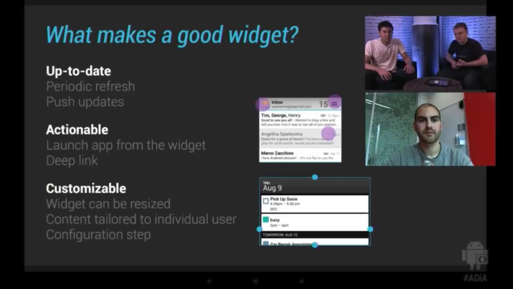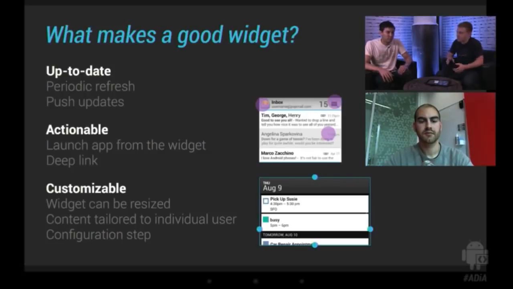The other thing is that you generally want to show information that's custom tailored to the user. So, for example, if it's a reader type thing or a feed consumption app, and the user has a list of favorite feeds they want to see, make sure to make that the default option, but let them obviously customize if they want to change things around. And then also note that there is the option of a configuration step.